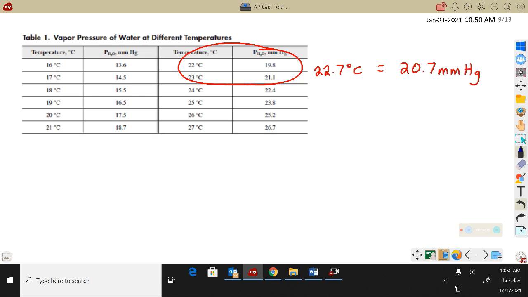Here I kind of estimated a little bit because our water temperature was in between 22 degrees and 23 degrees. So kind of proportionally in there, I'm going to go with 20.7 millimeters of mercury as the water vapor pressure at 22.7 degrees.